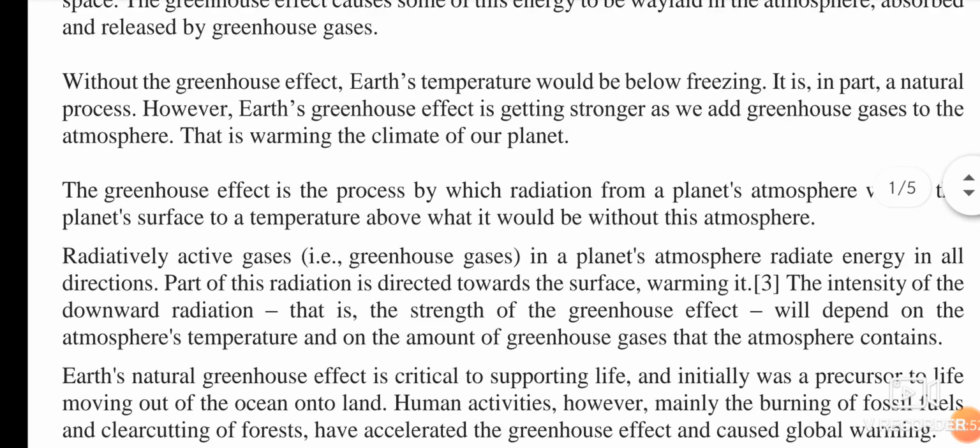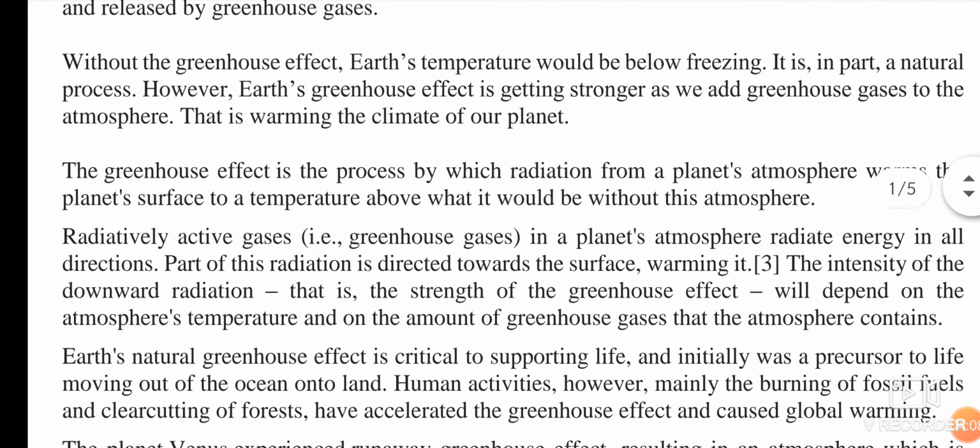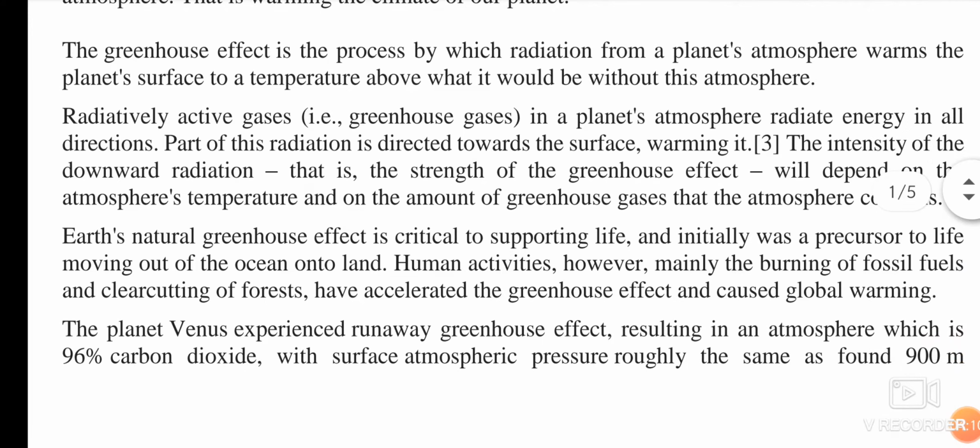The greenhouse effect is the process by which radiation from a planet's atmosphere warms the planet's surface to a temperature above what it would be without this atmosphere. Radiatively active gases, that means greenhouse gases, in a planet's atmosphere radiate energy in all directions.